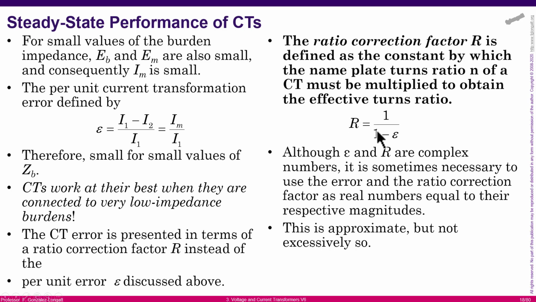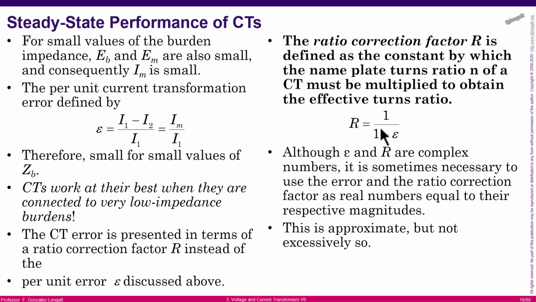If you look over there, the ratio correction factor is related with the per unit current transformation error, and the equation is extremely simple. It's presented over there. Okay. What I want to say is that if you know both of those factors, you have an idea about the performance of your current transformer when there is a load current on the secondary of the transformer.